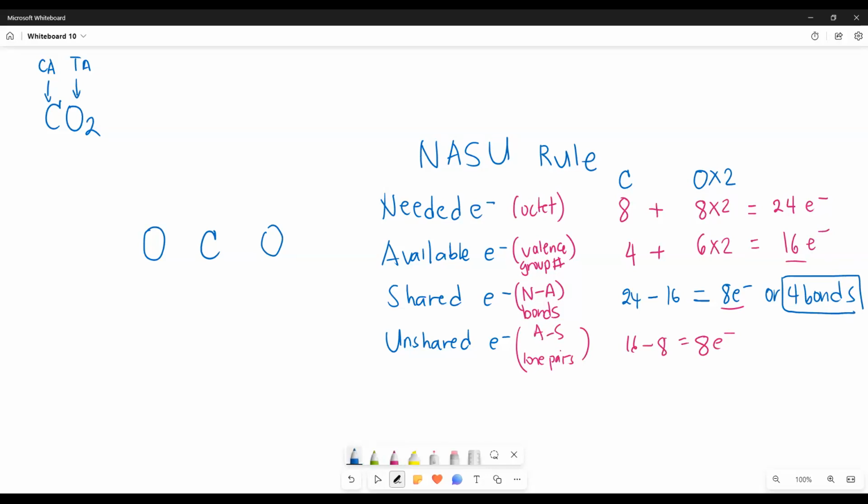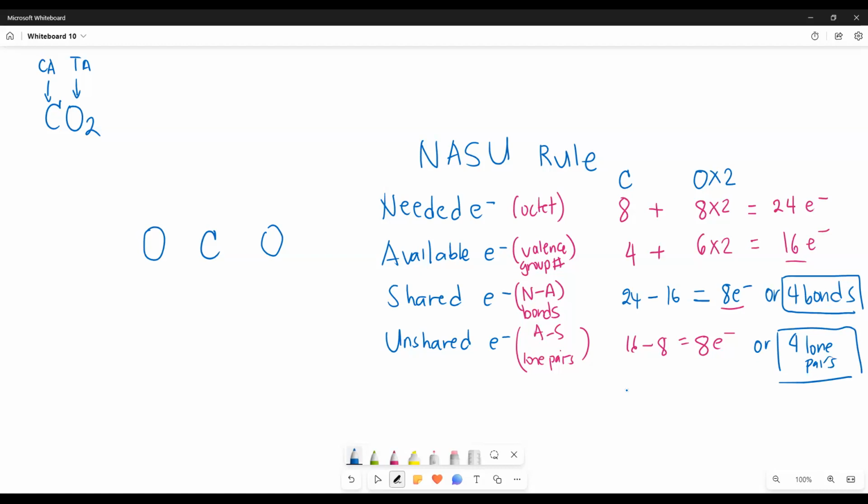We have 2 electrons per lone pair. So that means we have 4 lone pairs. So in the molecule of CO2, we need to have 4 bonds and 4 lone pairs to be distributed. That's it. Then we can draw a molecule out of this.